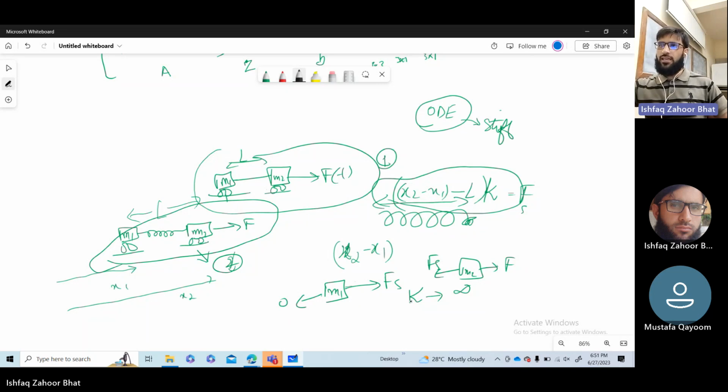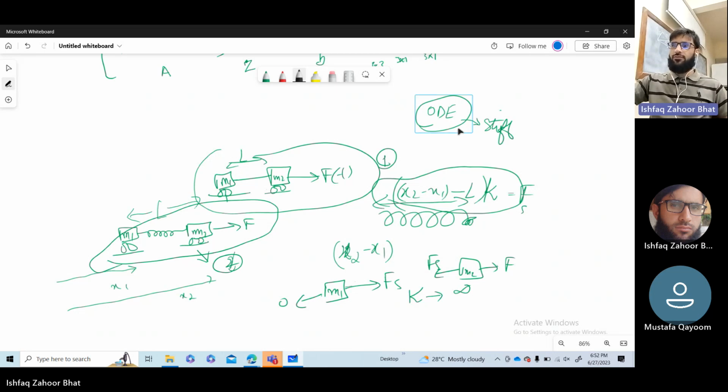Because when you take K having a very high value, this system will oscillate with a large frequency. There will be a very high frequency with which M1 and M2 will oscillate due to this high value of K.